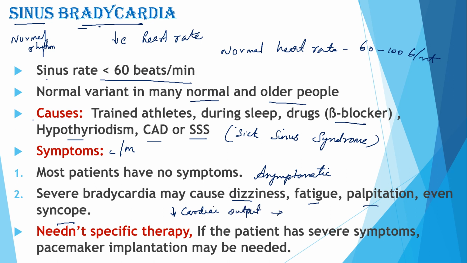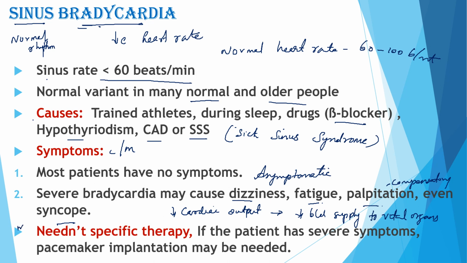That leads to decreased blood supply to vital organs, which leads to dizziness and fatigue. Palpitation is a compensatory mechanism. Due to the compensatory mechanism, the patient has palpitation and develops syncope.